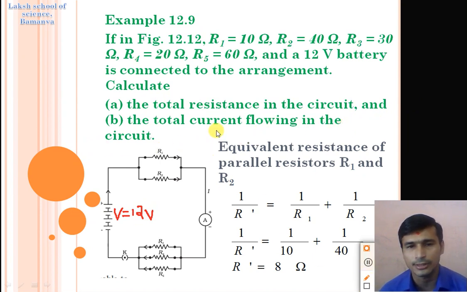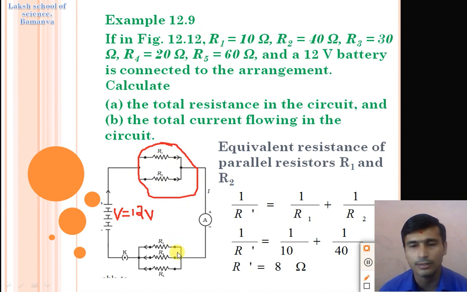So dear students, in which configuration are all the five resistors connected, parallel or series? We don't know, right? At first glance, all five resistors look like they are connected in parallel, but that is not the case. So first we calculate the equivalent resistance of R1 and R2, which are in a parallel combination.